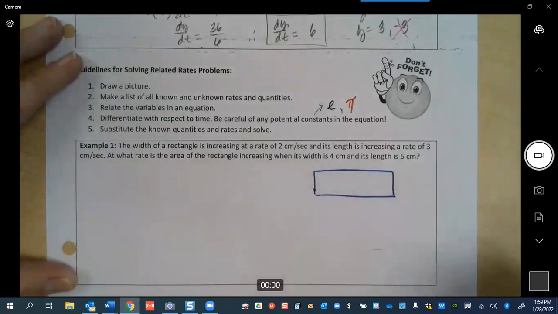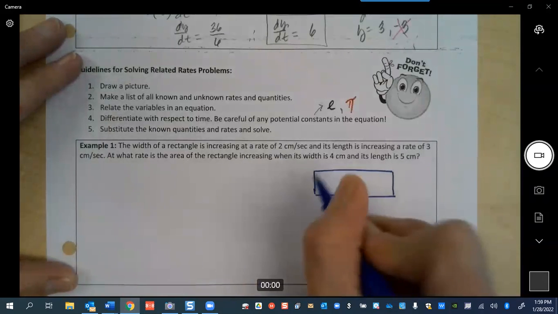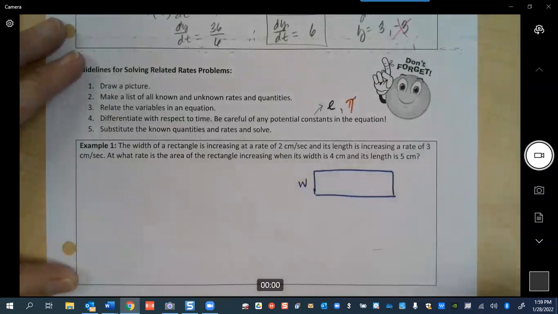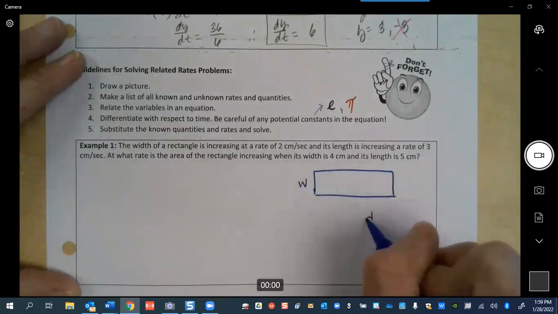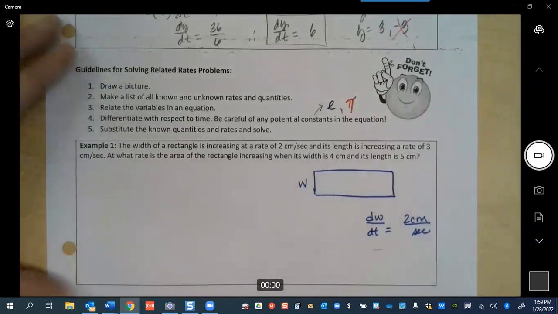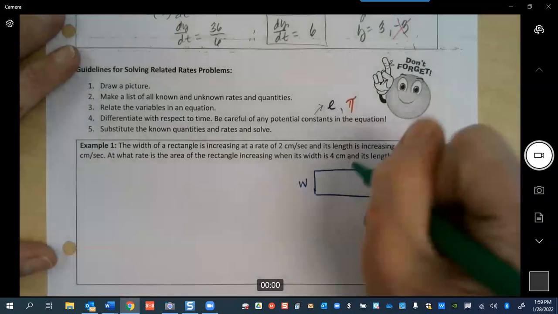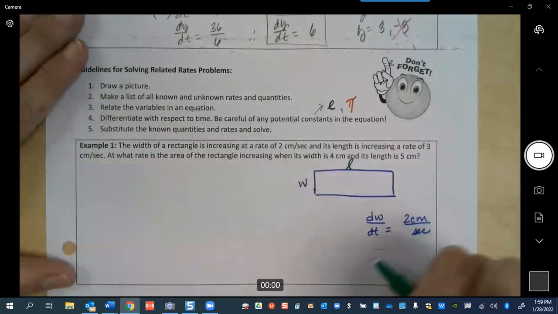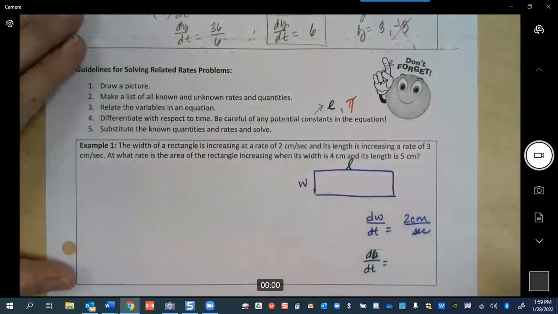Hello? Thank you. The width of a rectangle is increasing at a rate. So my dw with respect to time is increasing at a rate of 2 centimeters per second. Its length, dl dt, is increasing at a rate of 3 centimeters per second.